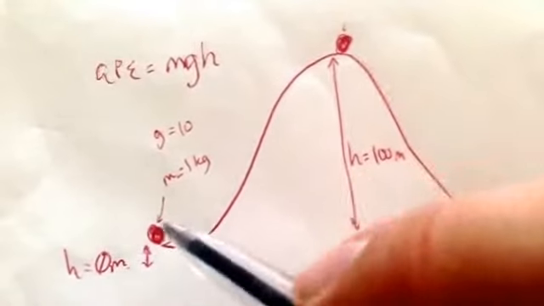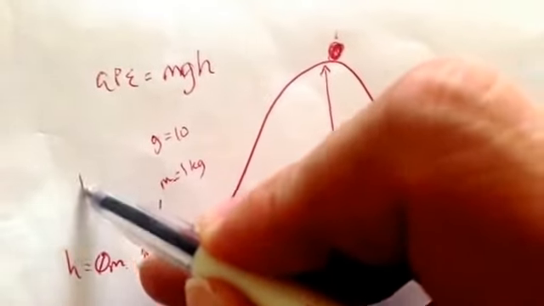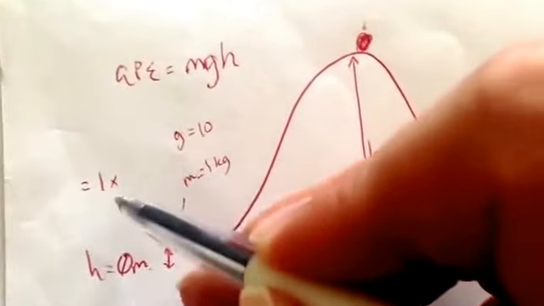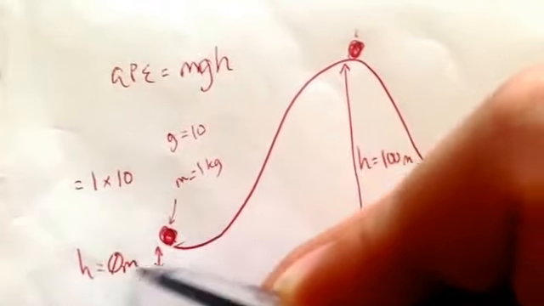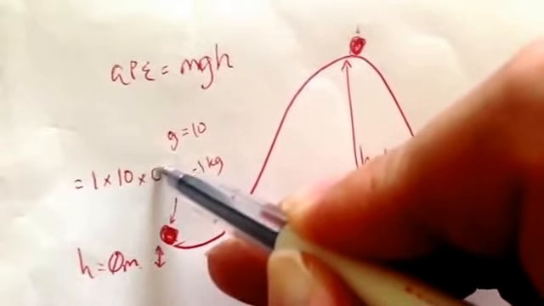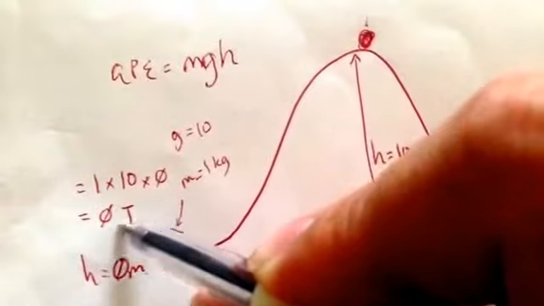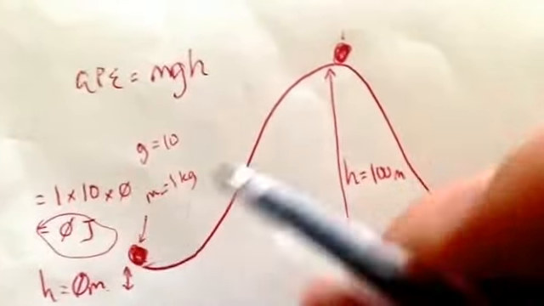So if we find GPE for the bottom, it would be 1 kilogram for the mass, times G, which is 10, times the height, which is 0. Anything times 0 makes 0. So your answer here is 0 joules.